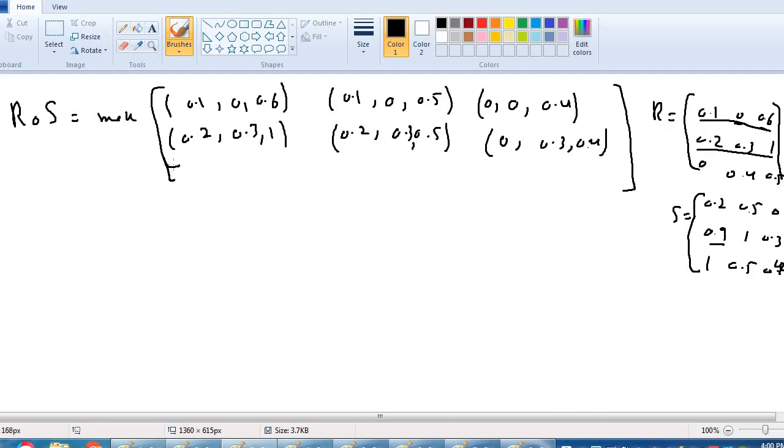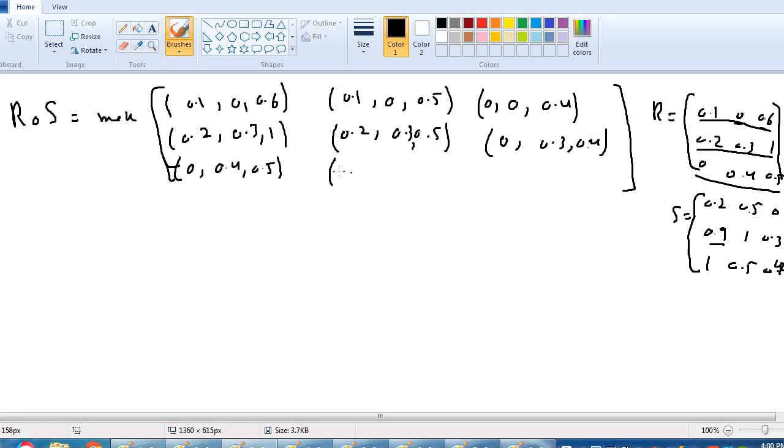Similarly, we go to the third row. We take the third row, 0, 0.4 and 0.5, and take the min with all the three columns. The minimum value of 0 and 0.2 is 0, then 0.4 and 0.5 gives 0.4 and 0.5. Now again the minimum of 0 and 0.5 is 0, 0.4 and 1 gives 0.4.